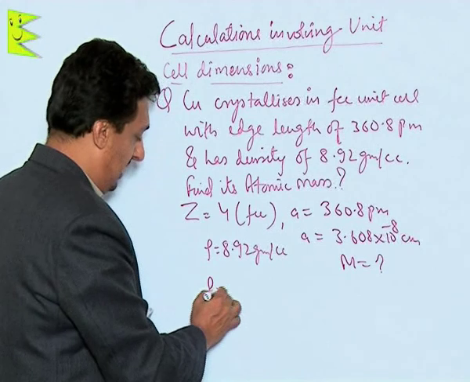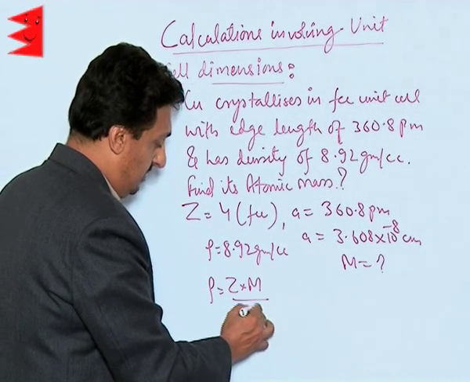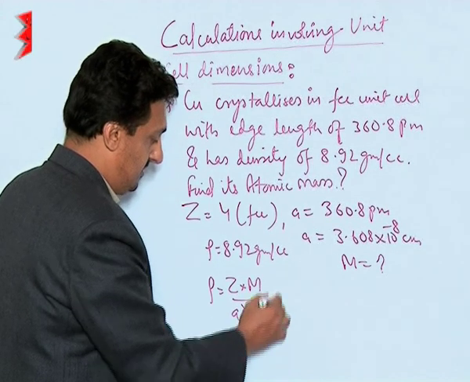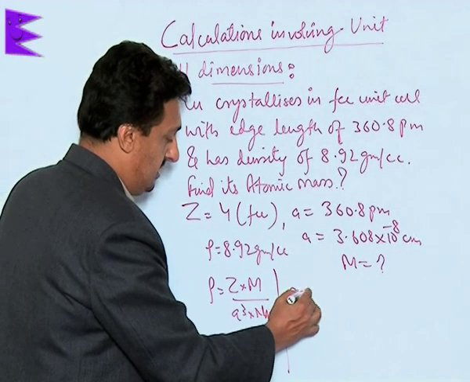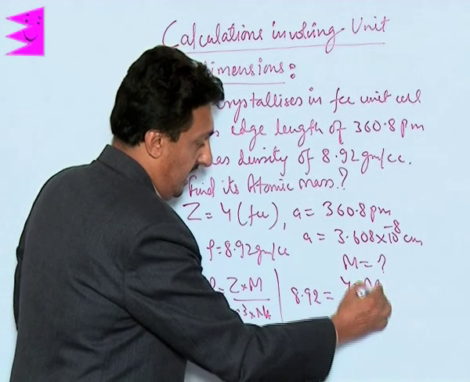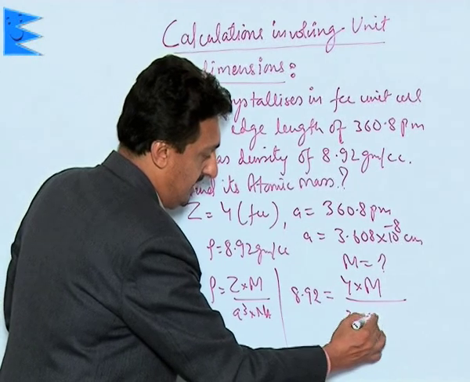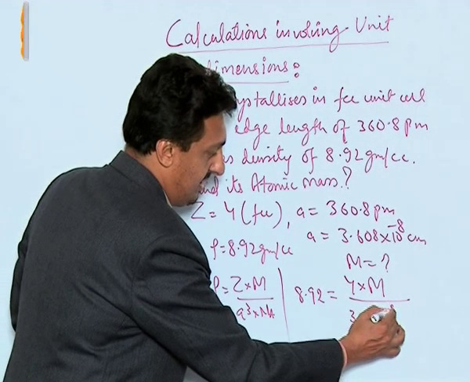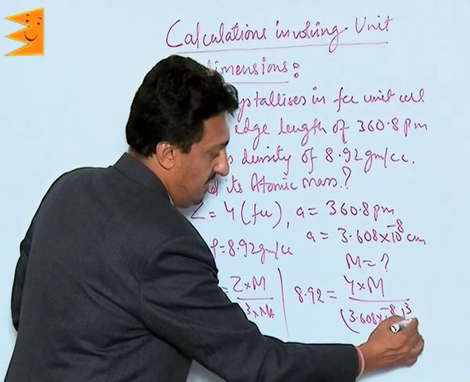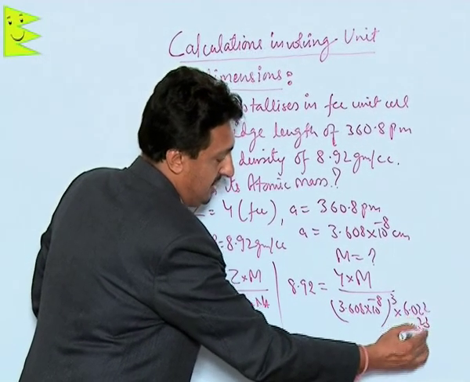What we are supposed to find out is its M. Now we know the formula, it's Z M upon a cube into Avogadro's number. Let us put the values. It's 8.92, Z is 4, M we are supposed to find out, a is 3.608 into 10 to the power minus 8 cubed, into 6.022 into 10 to the power 23.